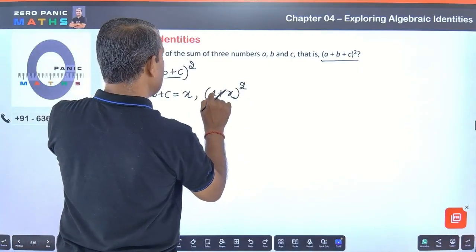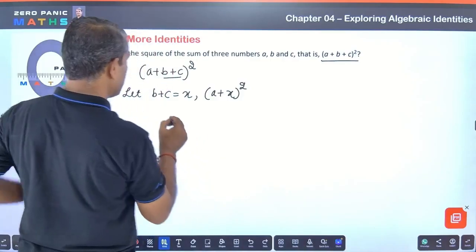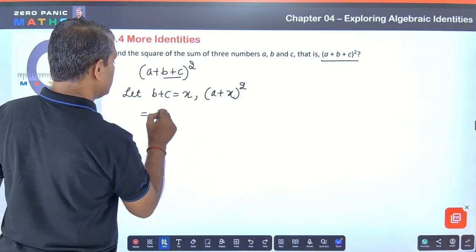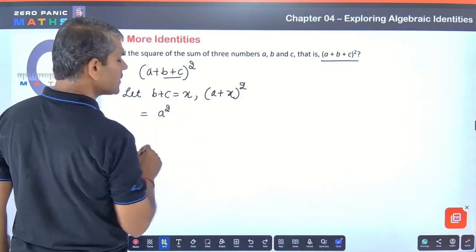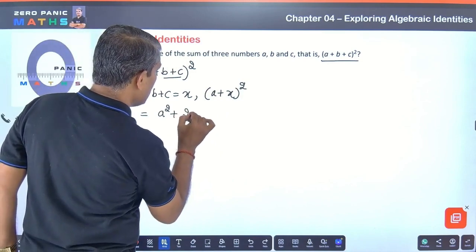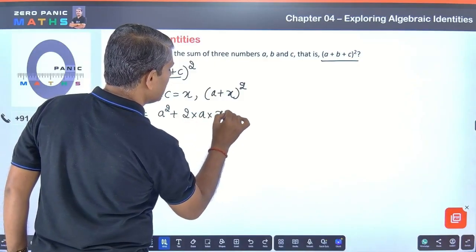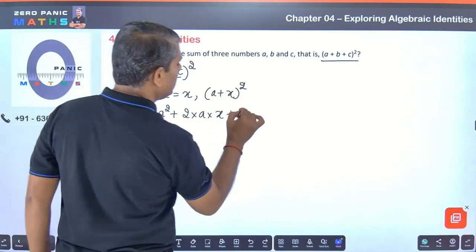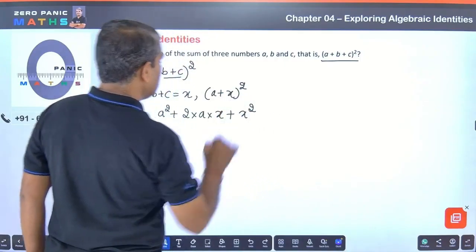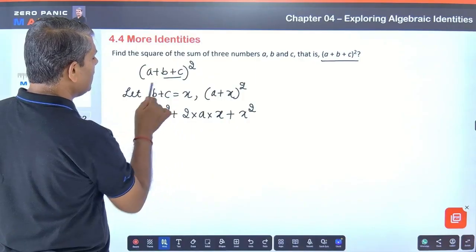I can write it as a square plus 2ab plus b square. So the expanded version of this is a square plus 2 times a times x, where a is a and b is x, plus x square. Now replace x by b plus c.